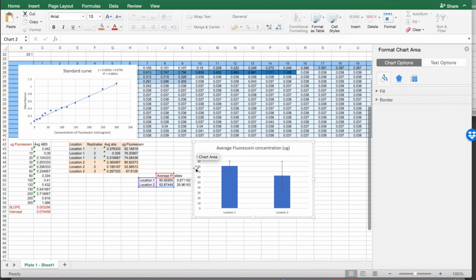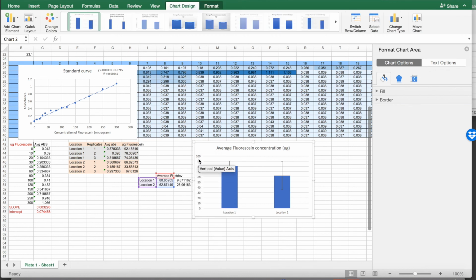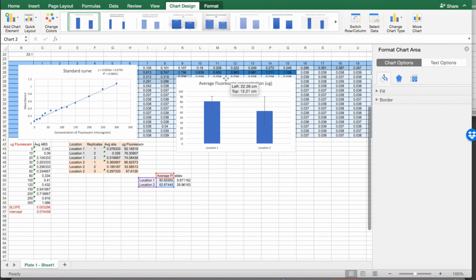So I want you to put the title on this graph, okay, and with the unit that we're measuring, and then you're ready to put it on your poster, okay? Here we're showing data as concentration of fluorescein. Some people like to show it per gram of soil, per kilogram of soil.